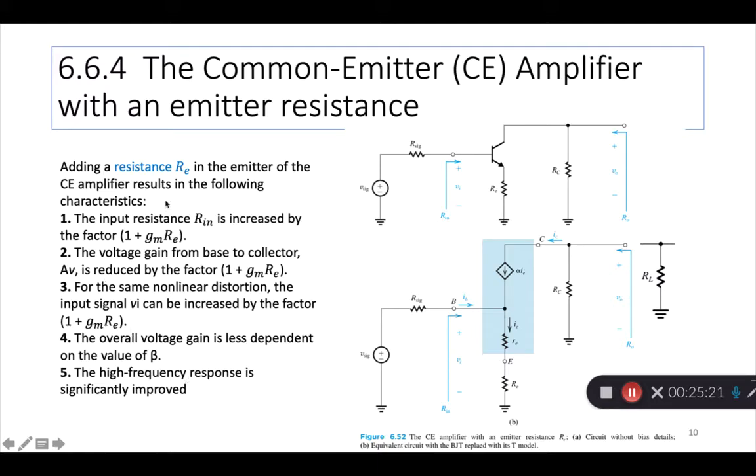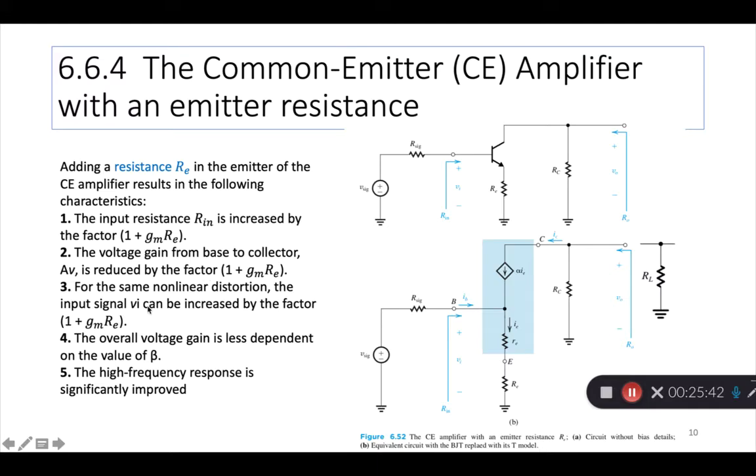And here's a good summary, a collection of the important benefits. The input resistance is increased, which helps in most cases. One disadvantage is that the voltage gain, AV, is reduced actually.